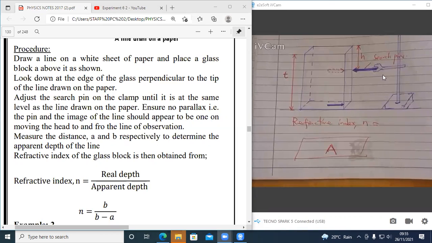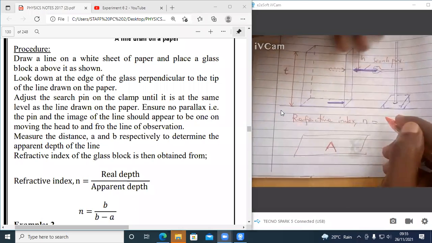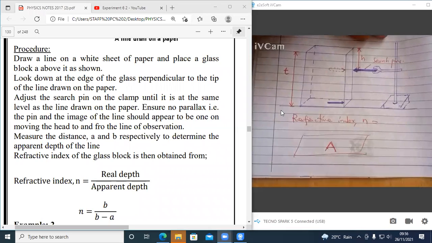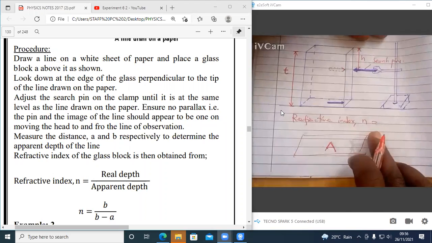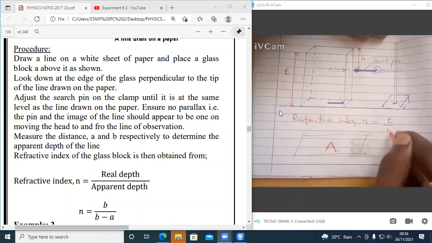Small h. Then our real depth is T. Then refractive index, according to the formula, will be T minus h? For the apparent displacement, yes. What about refractive index? Refractive index will be T over h.